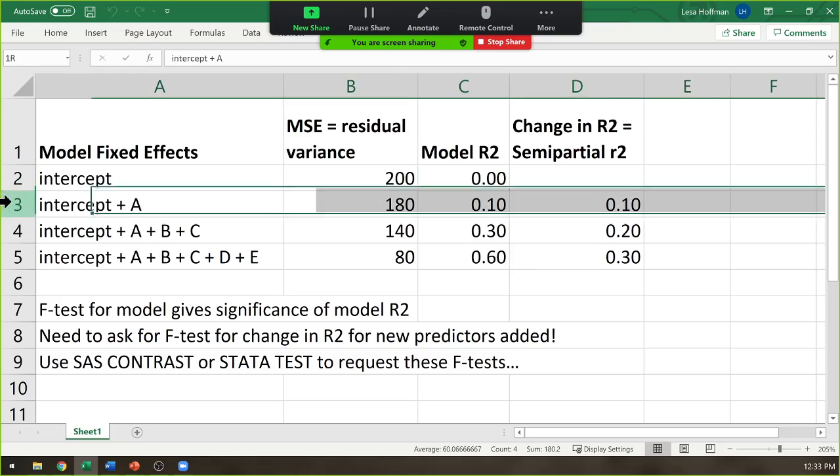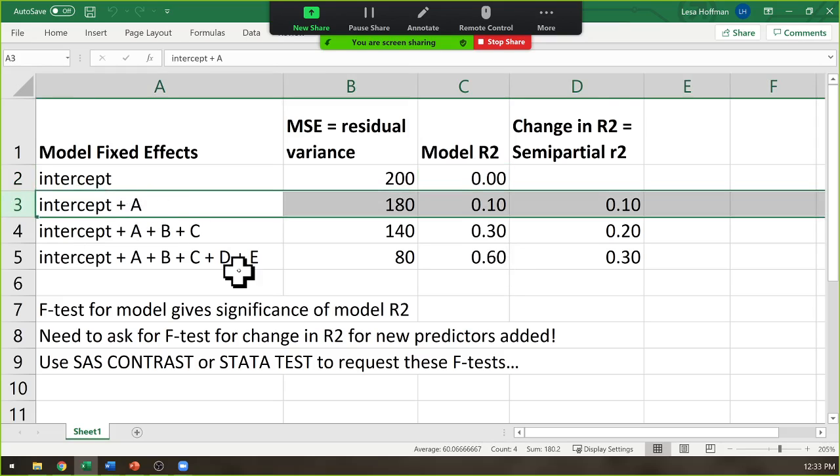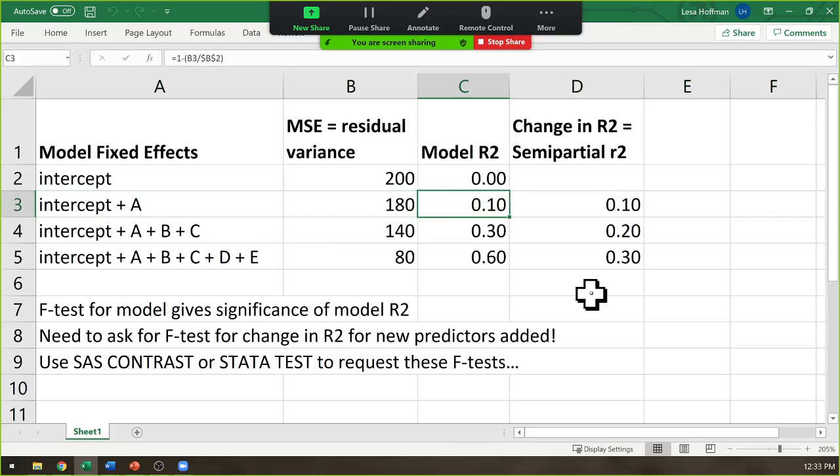We then add a single predictor, which we're calling predictor A. Let's say that your residual variance went down to 180. That's a 10% reduction, so 10% of the variability is due to the effect of predictor A. And we know whether or not that 10% R square is significant in two different ways.